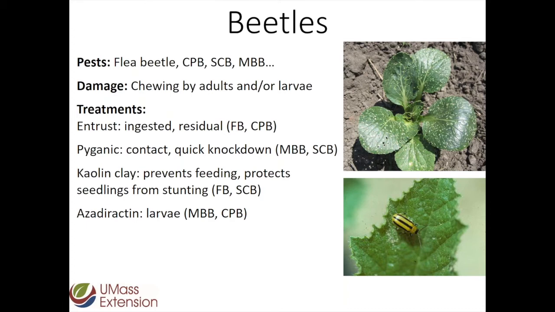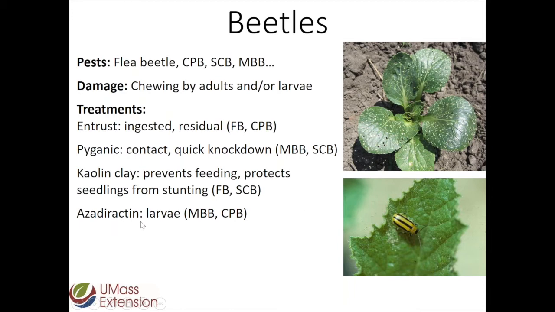So some farmers will actually dunk trays of cucurbit seedlings in a bucket of clay. It's called Surround, the trade name. So that's another thing that can help for flea beetles and striped cucumber beetles. Maybe also Colorado potato beetle.